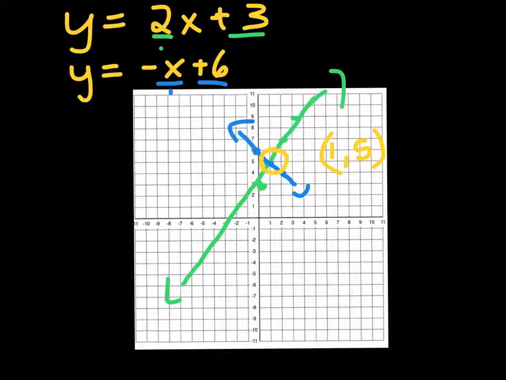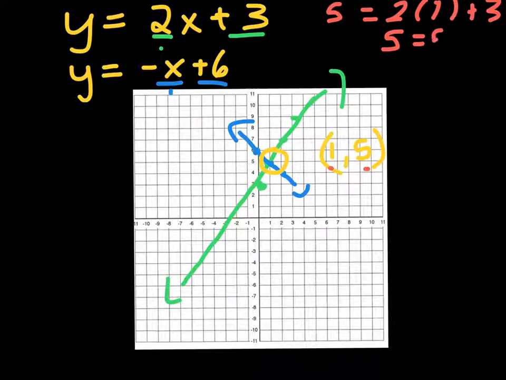So on the top equation, I'm going to put in a 5 for y, because it's in the y spot, and I'm going to put a 1 in for x, because this is the x value, and the plus 3. I'm going to see if this turns up true. 2 times 1 is 2, plus 3 is 5, so 5 does equal 5. That is correct.